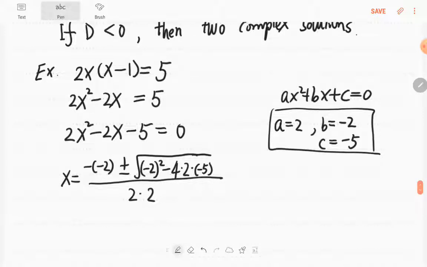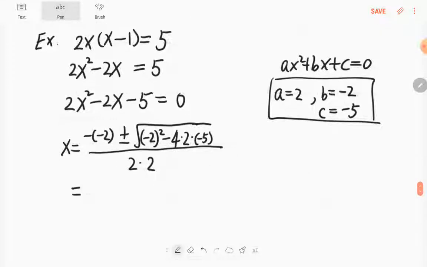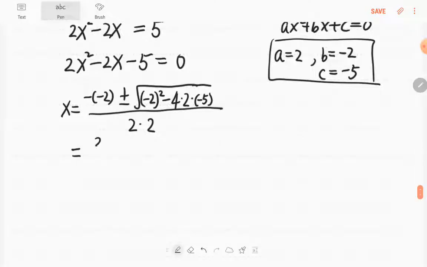So x equals 2 plus or minus, and if you calculate the inside, it gives you the square root of 44, divided by 4. The first thing is you cannot just simplify directly.